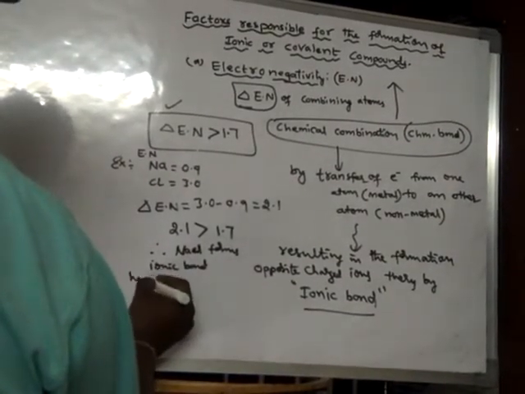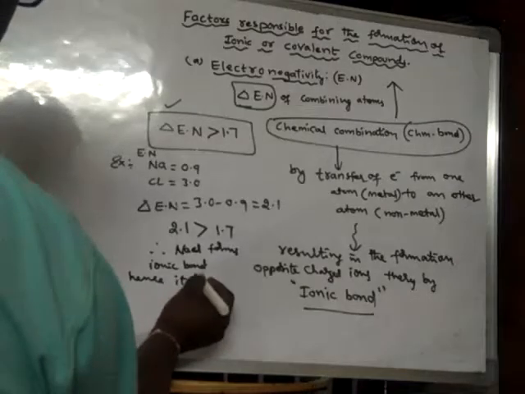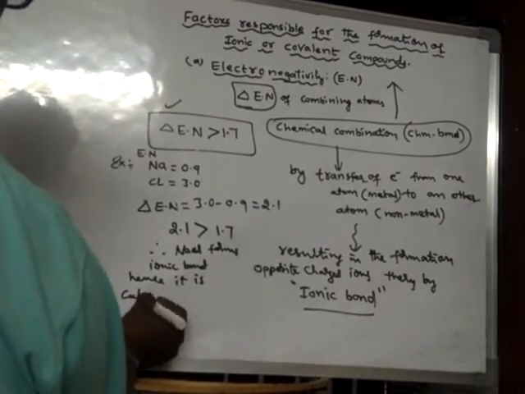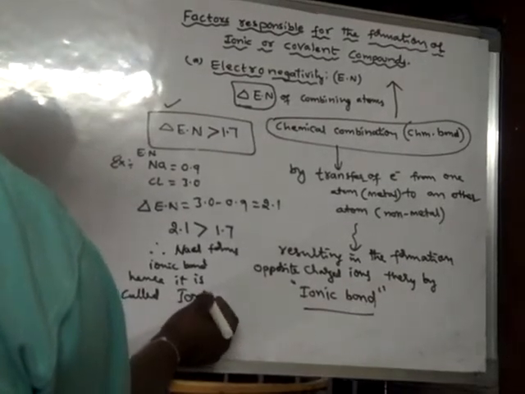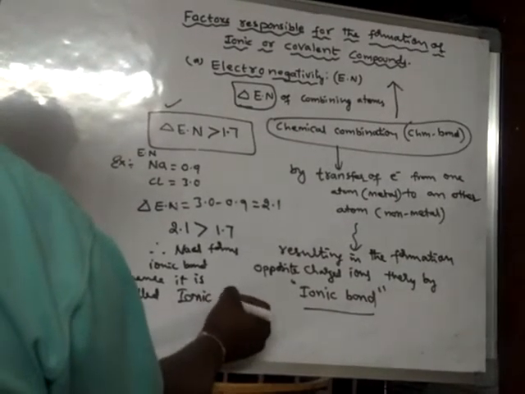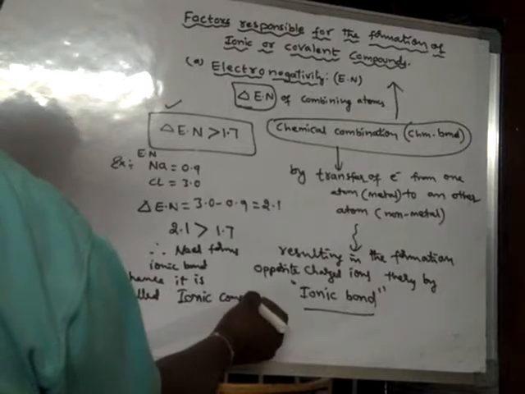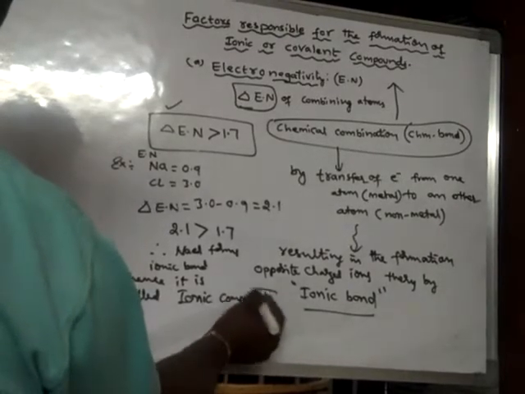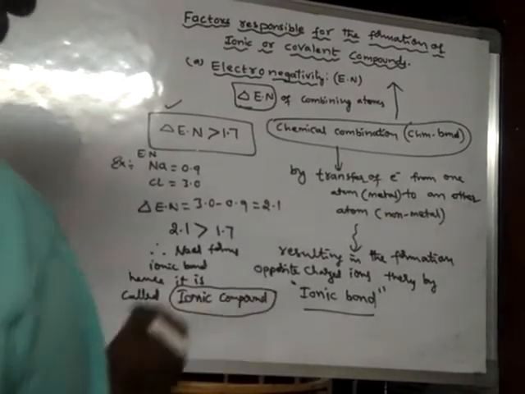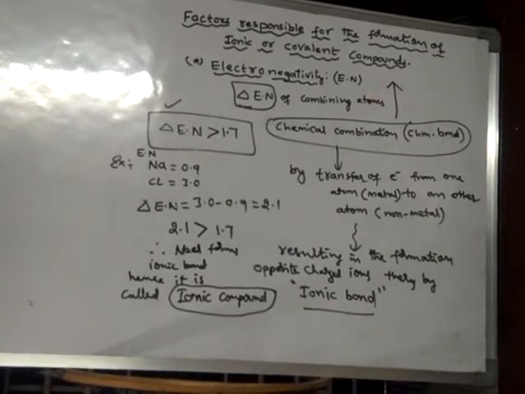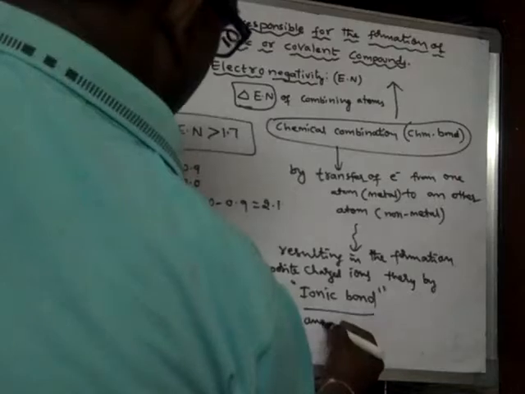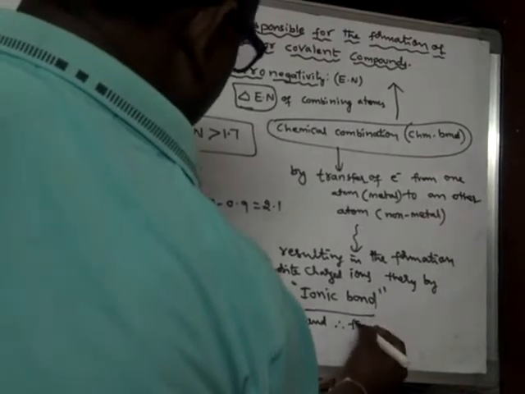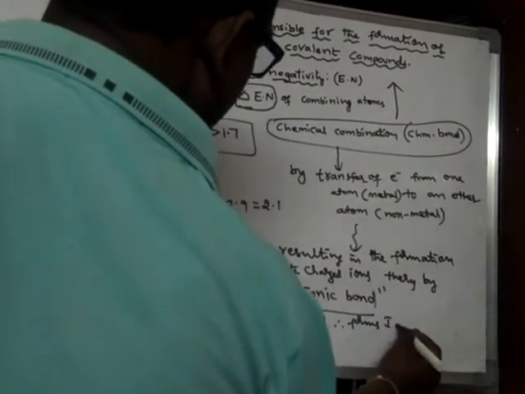Hence it is called an ionic compound. What is an ionic compound? The compound which contains an ionic bond is said to be an ionic compound.